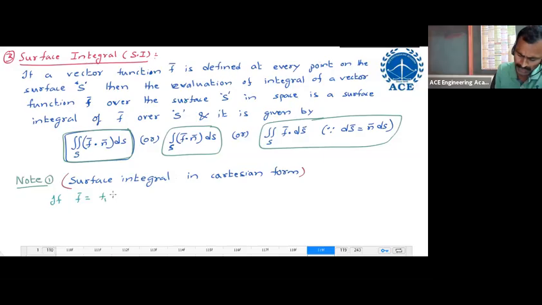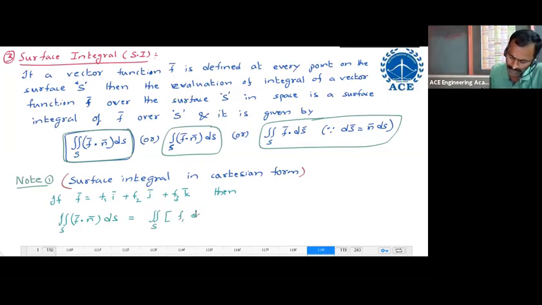If f bar equals f1 i bar plus f2 j bar plus f3 k bar, then double integral over S of f bar dot n bar ds equals double integral over S of f1 dy dz plus f2 dx dz plus f3 dx dy.